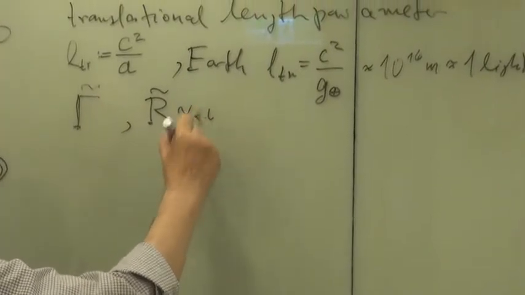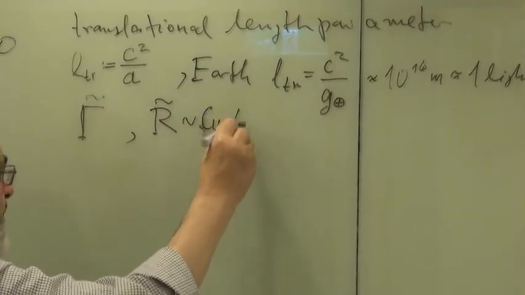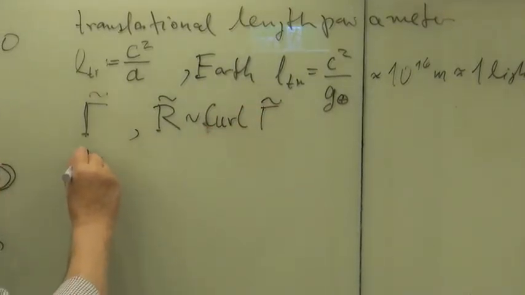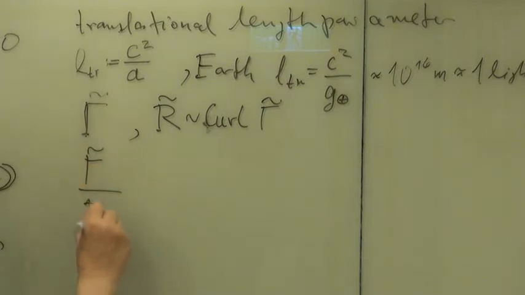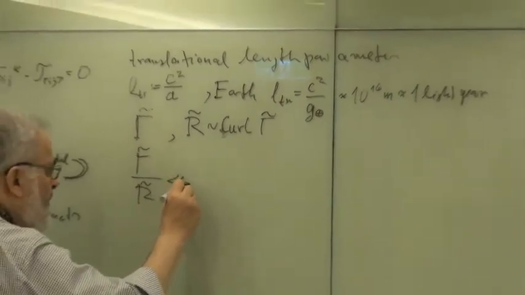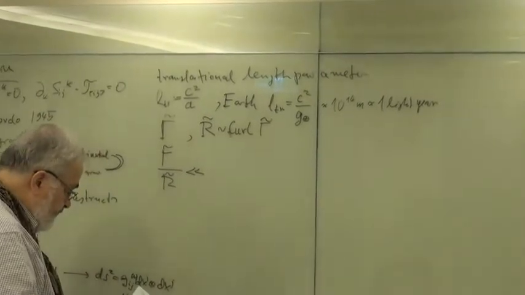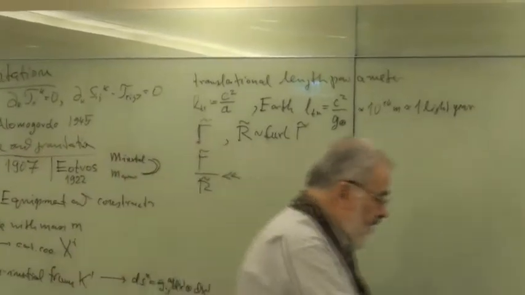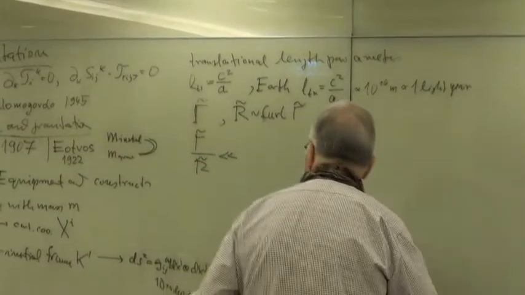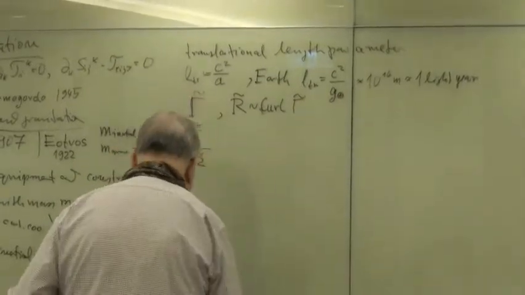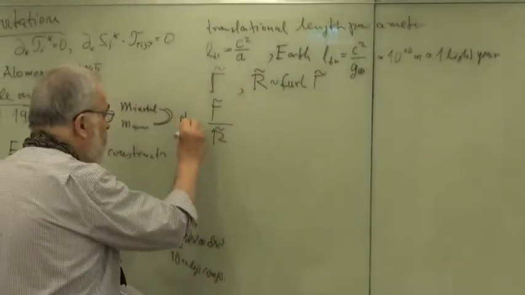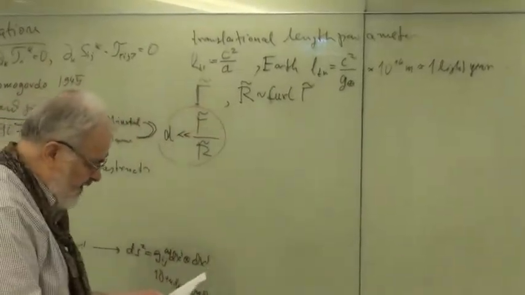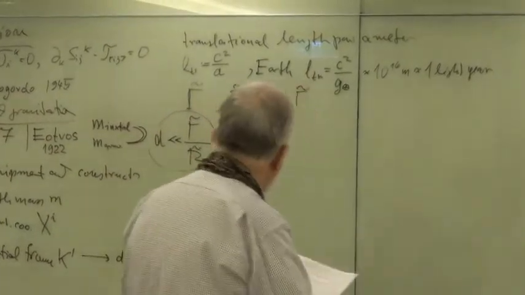I should write a capital C because it's a four-dimensional curl, the curl of gamma. Only if gamma-twiddle over R-twiddle is small, if d is small, the dimension of our experiment is small, can we trust that the gravitational field is sufficiently homogeneous.